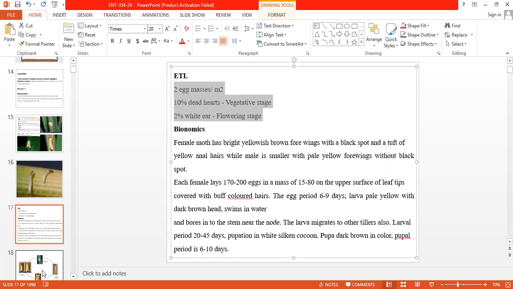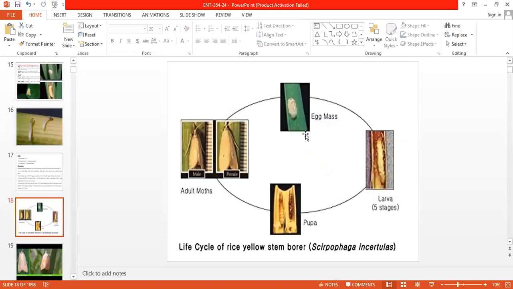So in the bionomics or life cycle, female moths generally deposit their eggs mainly on the upper surface of leaf tips, near about 170 to 200 eggs. Then the larva comes out within 5 to 6 days from the eggs, having 5 stages. The larval period is 20 to 45 days depending upon the temperature.